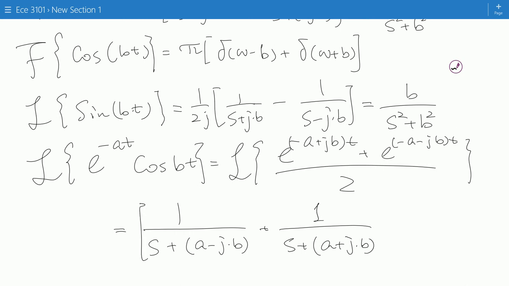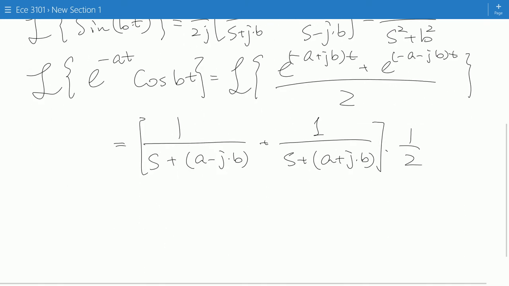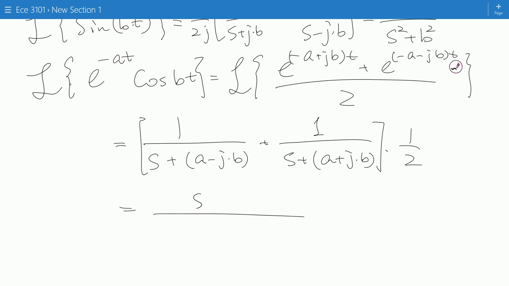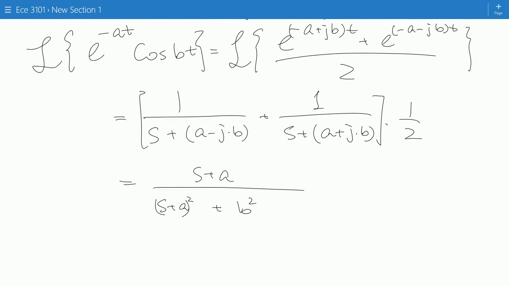And of course, everything should be multiplied by 1/2. And the rest is simple. We can put them together: s plus a on top, s plus a squared plus b squared underneath. Okay, which is quite simple.